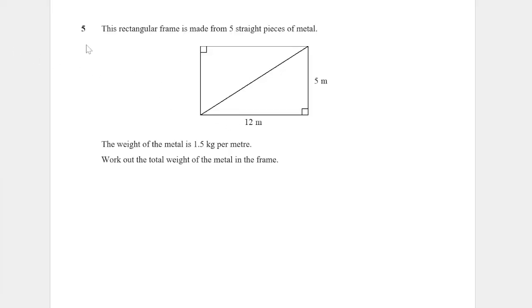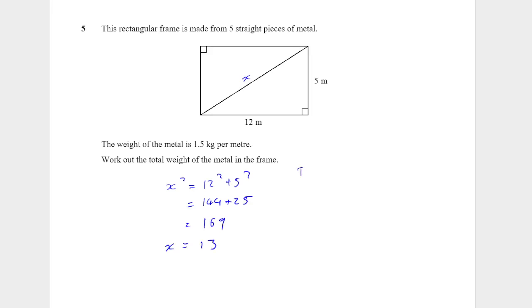Okay, so for this one, a rectangular frame made from 5 pieces of metal. The weight is 1.5 kilograms per meter. So we need to work out the total length of these 5 rods. Currently, though, we don't know this value, but that value squared is going to be equal to, using Pythagoras, 12 squared plus 5 squared. 12 squared is 144, 5 squared is 25. So that's going to be 169, whose square root is 13.